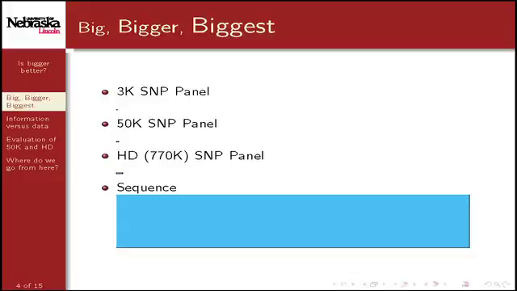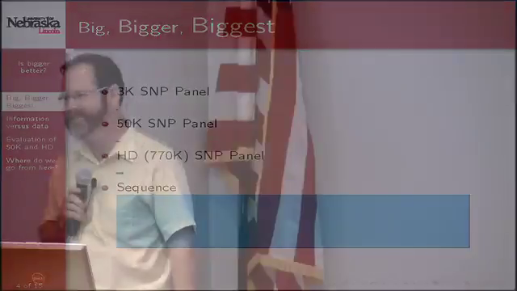So if we're talking about big, bigger, biggest, we've got a ways to go yet from even a 770 panel. The one thing that got left off was the 128; the box around it was bigger than the part that was colored in. So we're getting a lot more data, and we will be getting a lot more data.